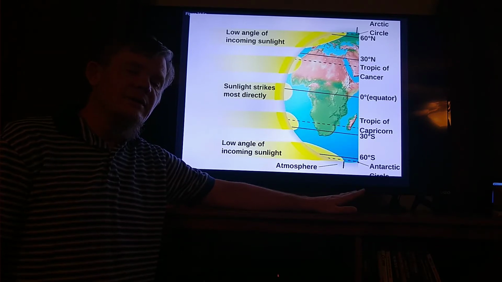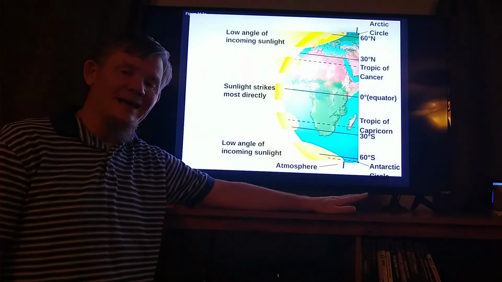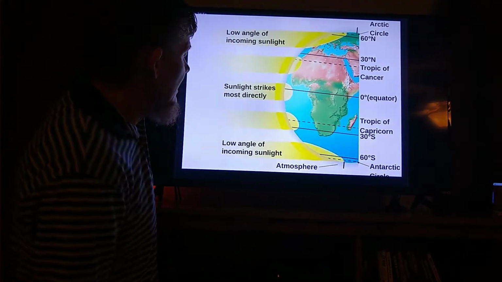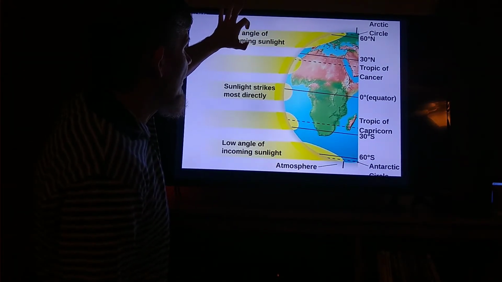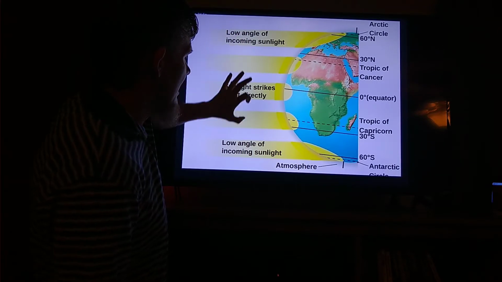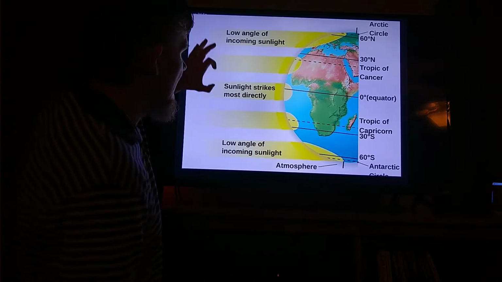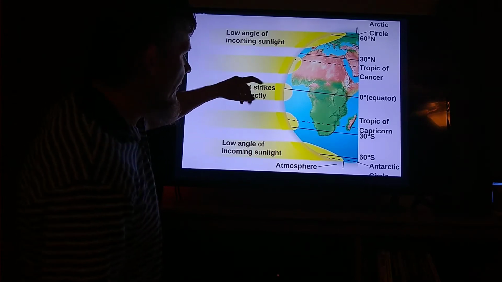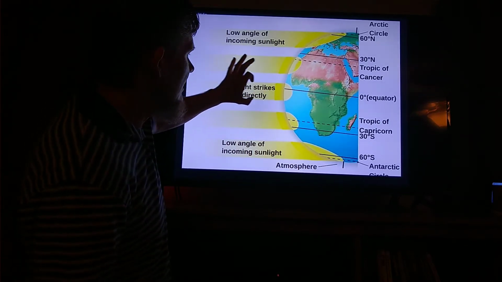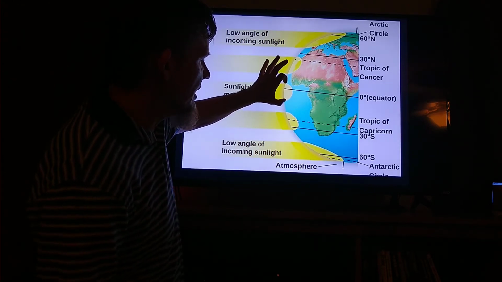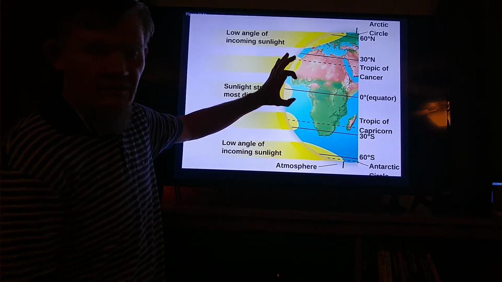The Earth, obviously, is struck by light from the sun, but because the Earth is curved, notice that the amount of light in one of these areas is the same, right? So if we say this is 100 light units, whatever we want that to be, we see that at the equator, the sunlight strikes directly, and so those 100 light units are only spread over so big of an area.